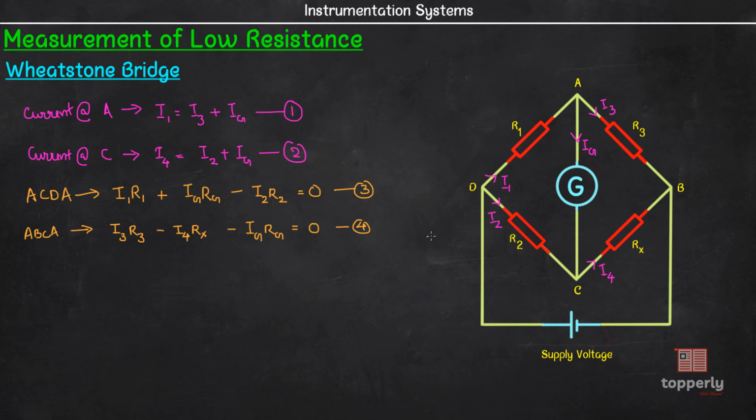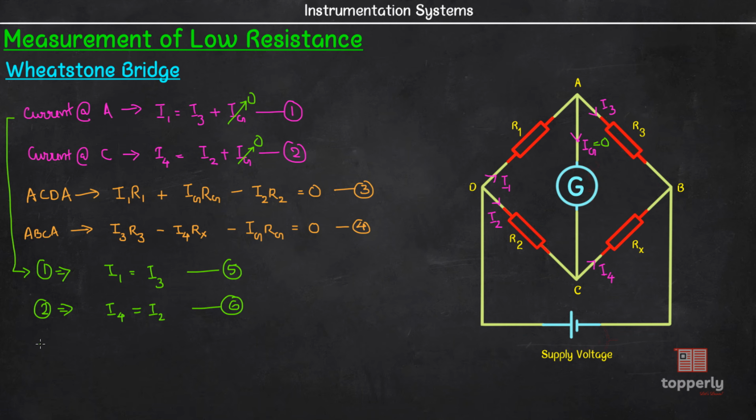Now remember that at balance position, the voltage between point A and point C is 0. Hence, the current Ig is 0. So, substituting Ig equal to 0 in equation 1, it transforms to I1 equal to I3, and let's name it equation 5. Similarly, equation 2 transforms to I4 equal to I2 because Ig is again 0, and let's name it equation number 6.